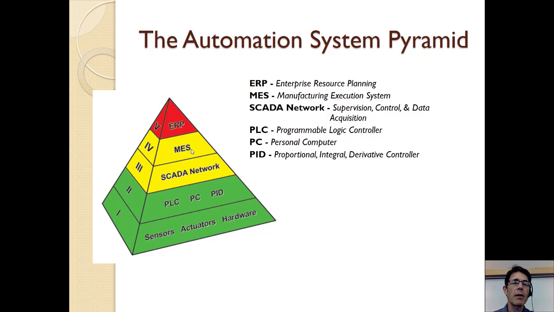So the MES layer, MES stands for Manufacturing Execution System. This is the software that allows you to put an order in, and then it coordinates all the hardware over the SCADA network to determine what each piece of hardware is supposed to be doing, what each controller needs to do at any given time.